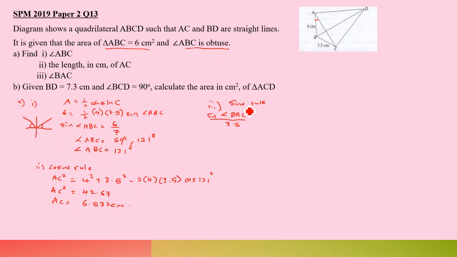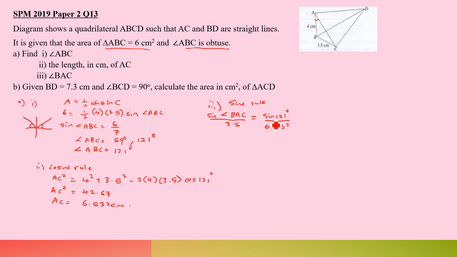It is just giving you the ratio. It equals the angle here, which is 121, divided by the opposite of this, AC, which we have found, 6.532.